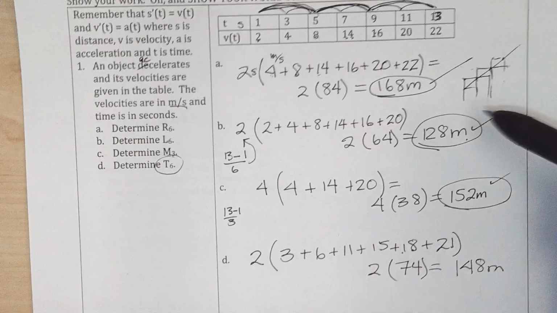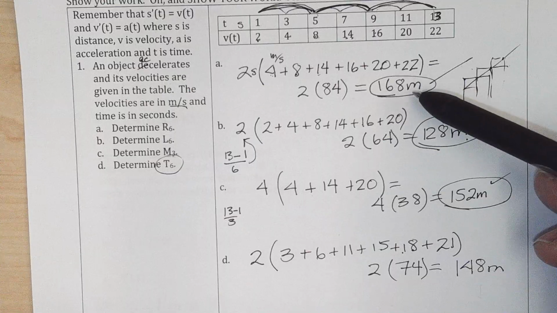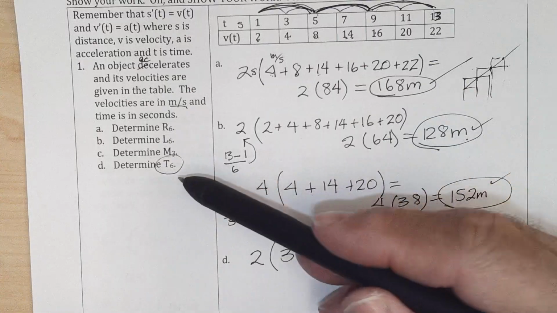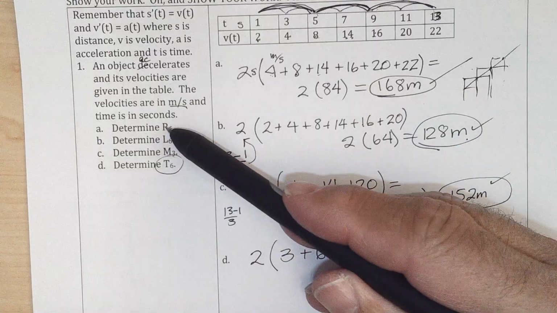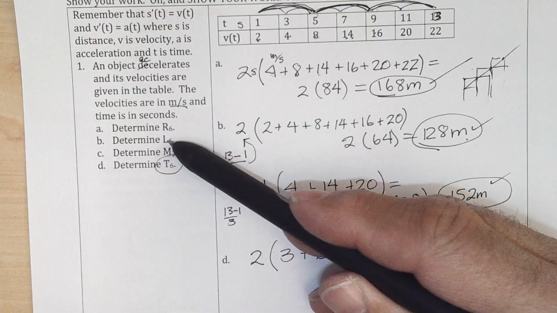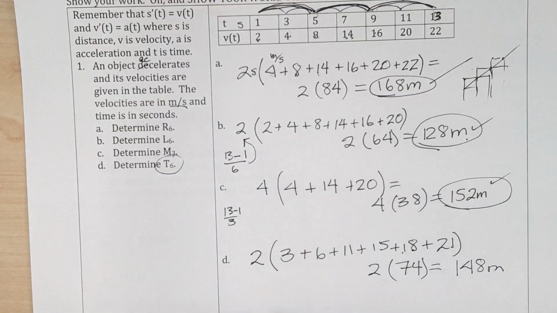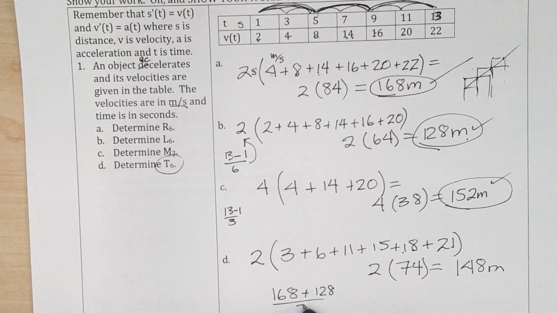Now we could also do the average of, if we're doing trapezoid 6, we have to do right 6 and left 6 average. So that'd be 168 plus 128 divided by 2.